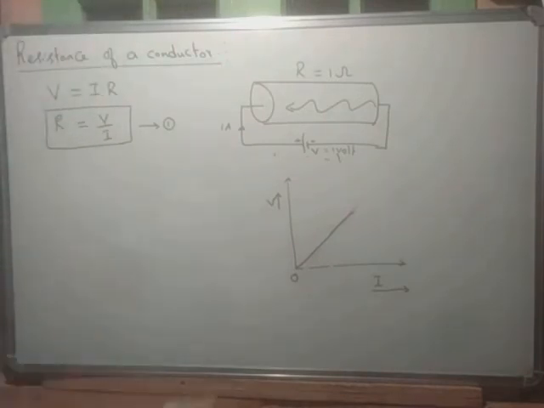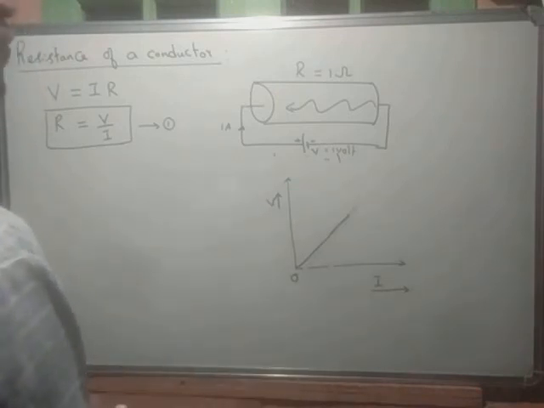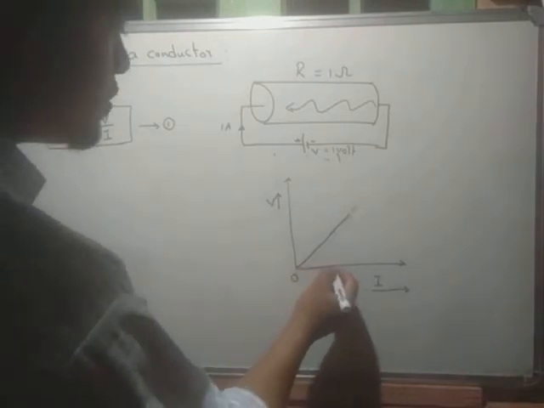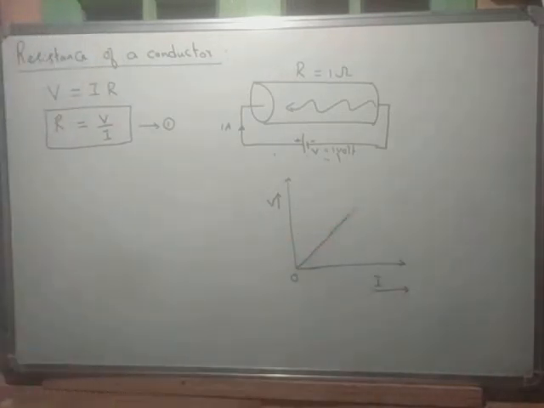Now this type of graph is true only for an ohmic conductor. Whereas if the conductor is a non-ohmic conductor, then you will not have this type of graph.